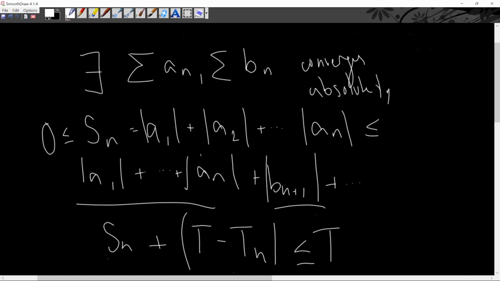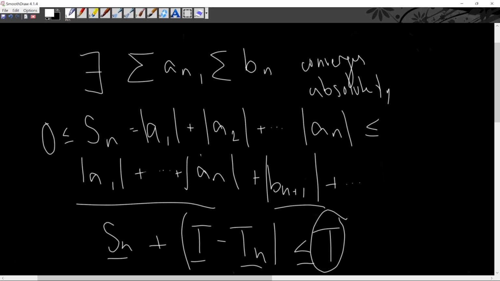Because if you add up all of these values and you have the actual value of b, like the actual series that b converges to, and the partial sum up to n number of terms, this will still be less than or equal to the actual t, because a is for every single term within this series, and every single value of n for a is going to have a smaller output than the corresponding output for b.